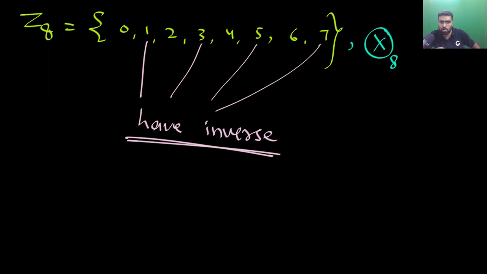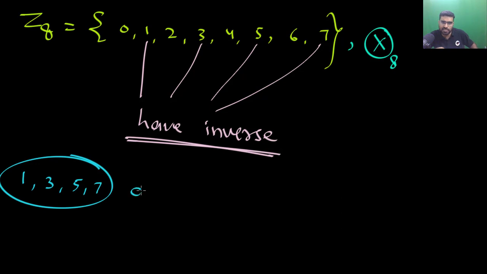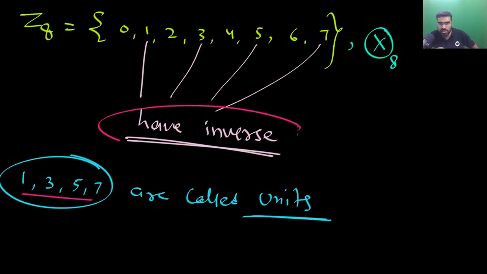Because these elements have inverse, they are called units. Very simple: these are called units because they have inverse.